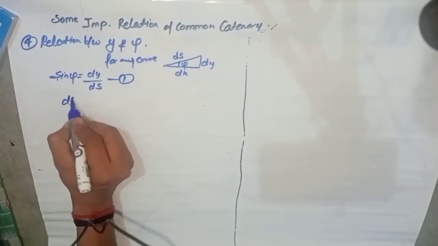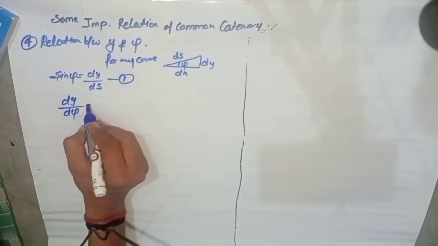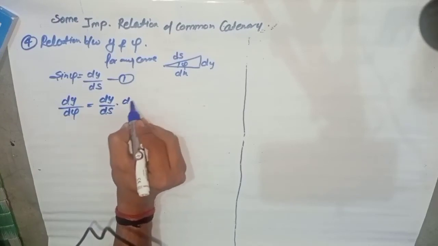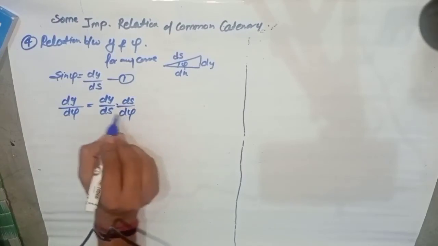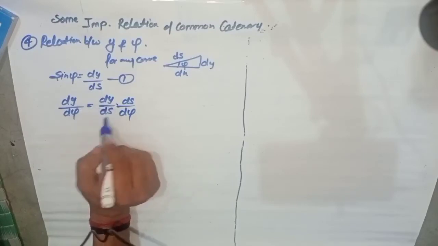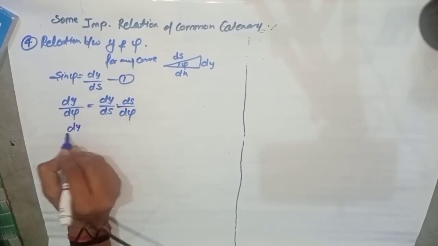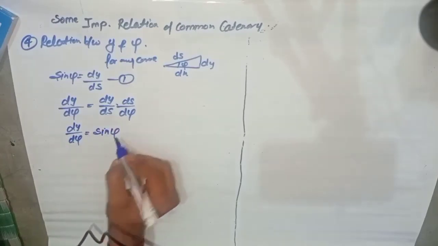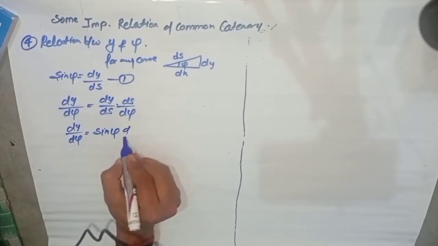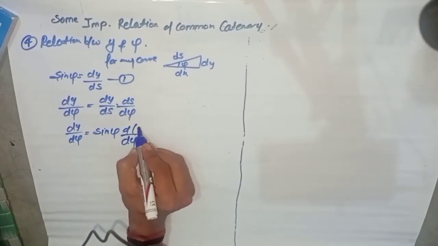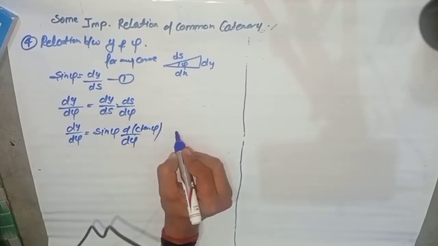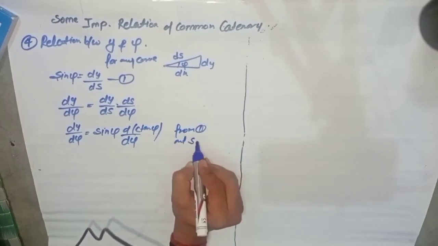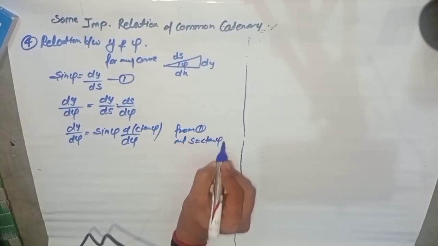Now dy/dψ is written as dy/ds into ds/dψ. The value of dy/ds is taken from equation first, sin ψ, and the value of s is from the intrinsic equation, s = c tan ψ.